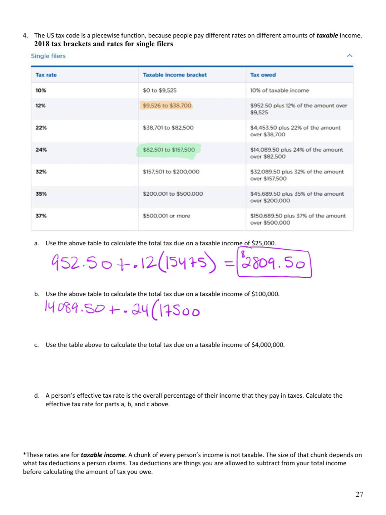That's going to get taxed at 24%. So we multiply by 0.24, add the $14,089, and we get $18,289.50.